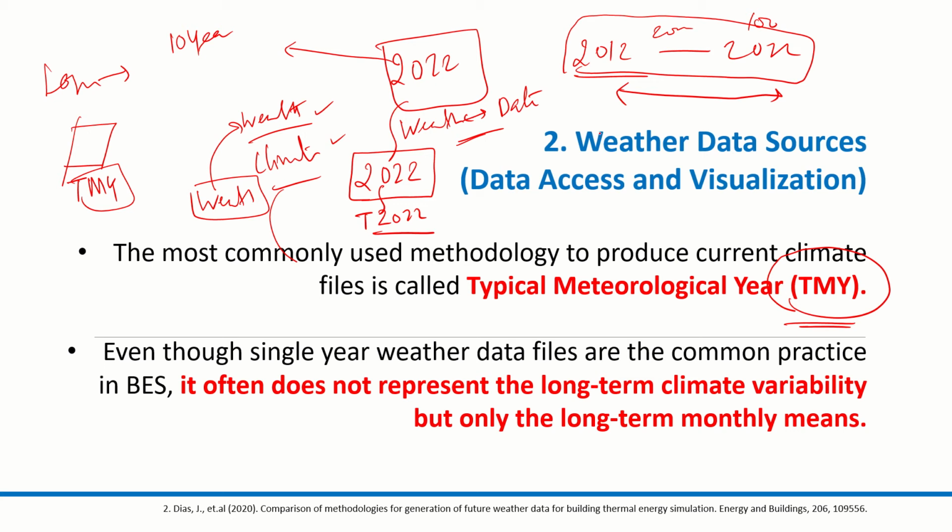For example, let us say you are downloading a TMY data for 2018. If you look at the metadata, you will find that the January data of 2018 is taken from 2006. I'm just telling you as an example. February data is taken from 2017, March data is taken from 2011, and so on and so forth.